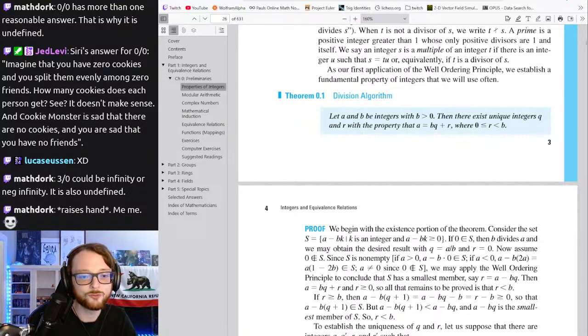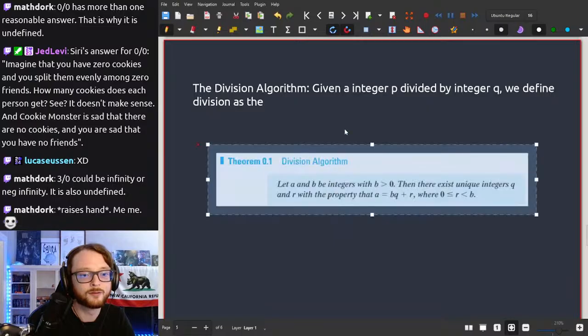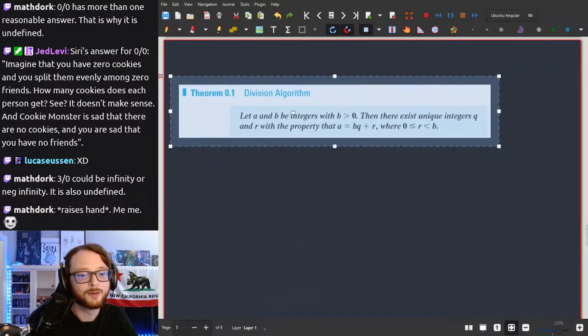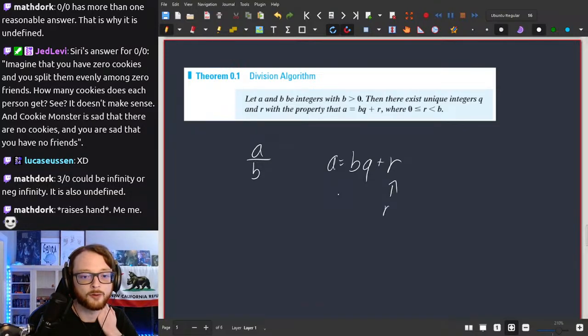Okay, let me just drag this in and talk about it. What this is saying is how we define it when we do a divided by b: what we actually mean is that we're setting up this equation, a equals bq plus r, and r is the remainder.